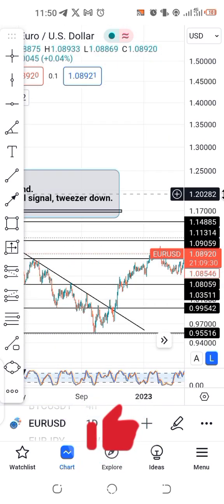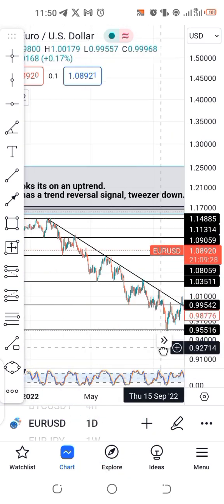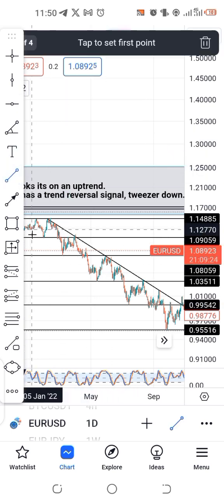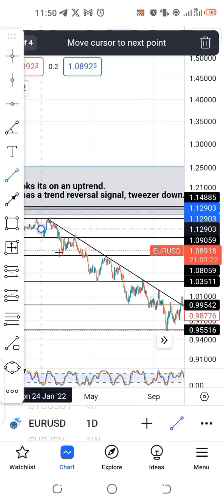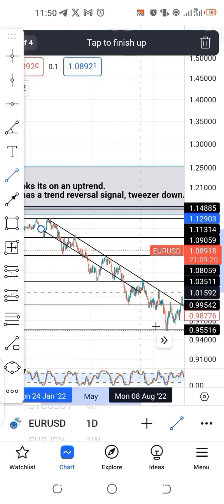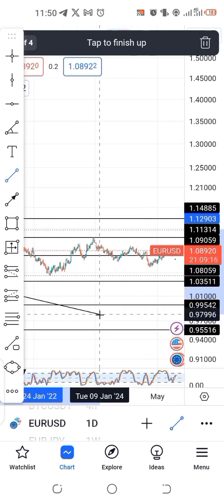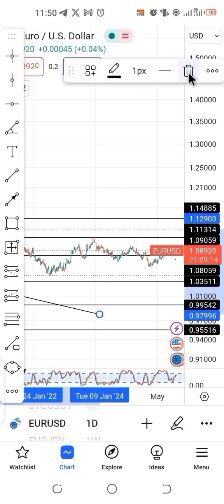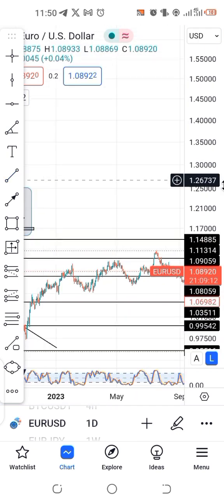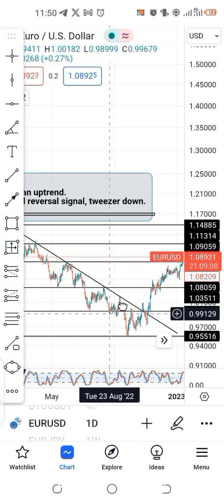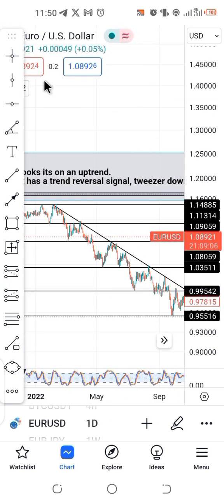All right, so let's come back. You pick your trend line tool, you make sure you draw it from the lower low. You make sure you draw it to touch the lower lows.